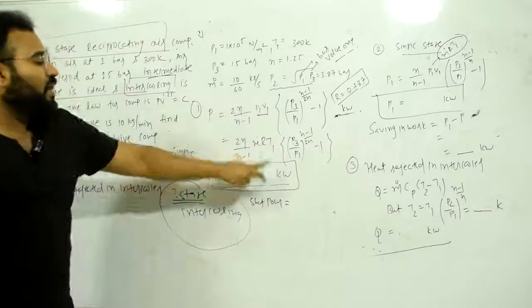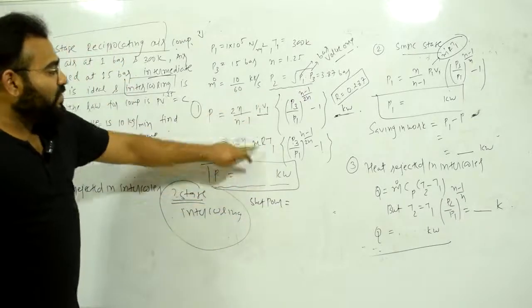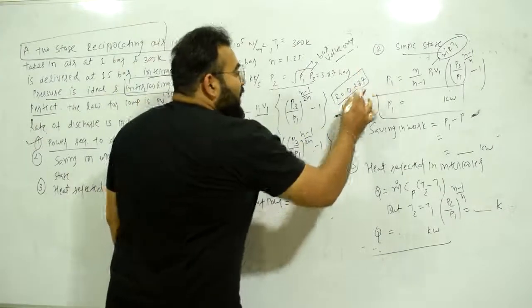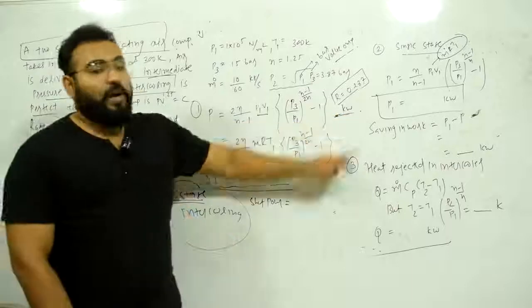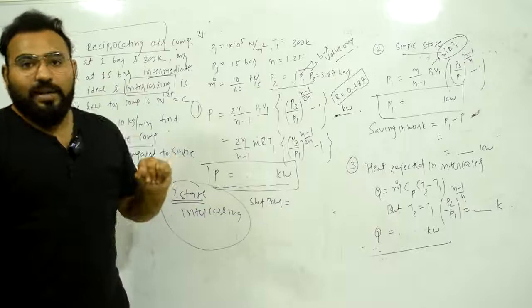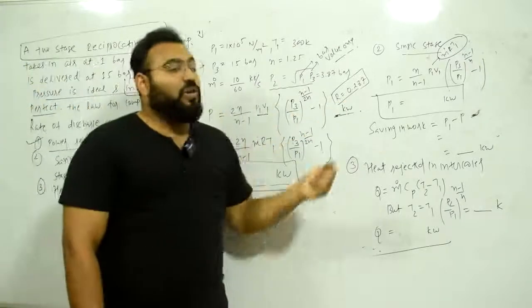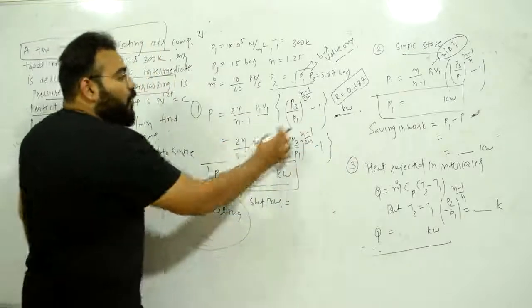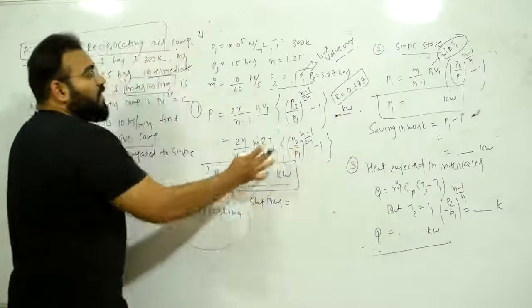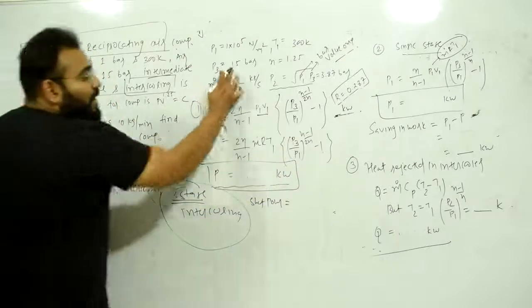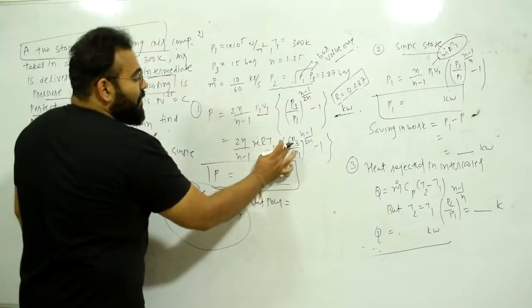So this is my mRT1: mass flow rate 10/60, R. You have to put the value R = 0.287, because you want the answer in kilowatt. R is 287 joule per kg Kelvin, but we want the answer in kilowatt, so we get that value in kilojoule. That's why you put R = 0.287. T1 is 300 Kelvin. P3 is 15 bar; we put the bar value over here.